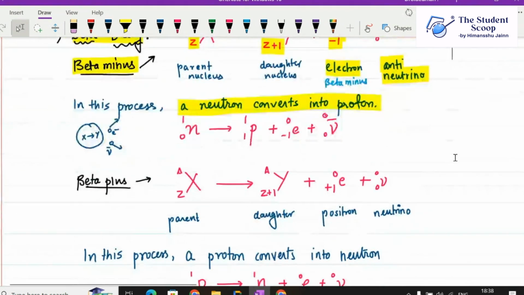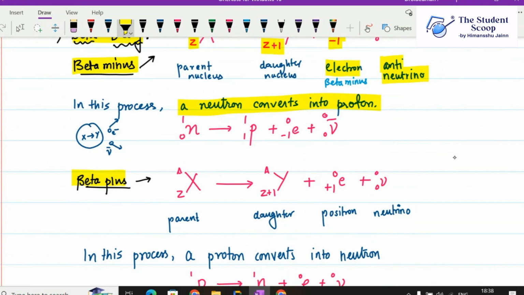Okay, so later on in beta plus decay, a similar kind of particle is released, but this time what is happening is there is a Z minus 1 happening because there is a positron that is released. Now positron is another particle that was discovered during this process, and then there is a neutrino. Now the difference between a neutrino, antineutrino, or electron or positron is one important thing.